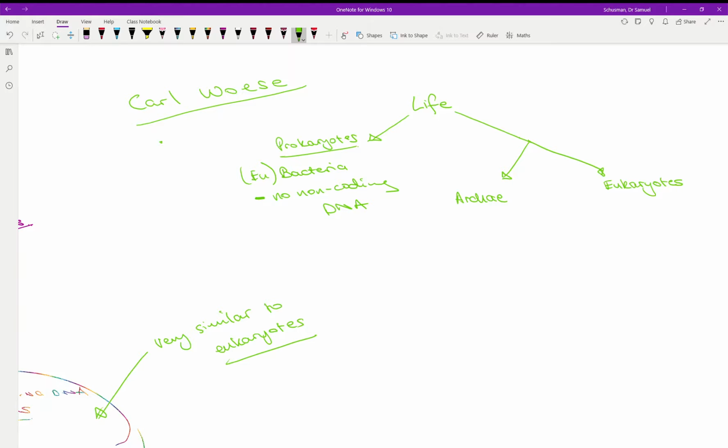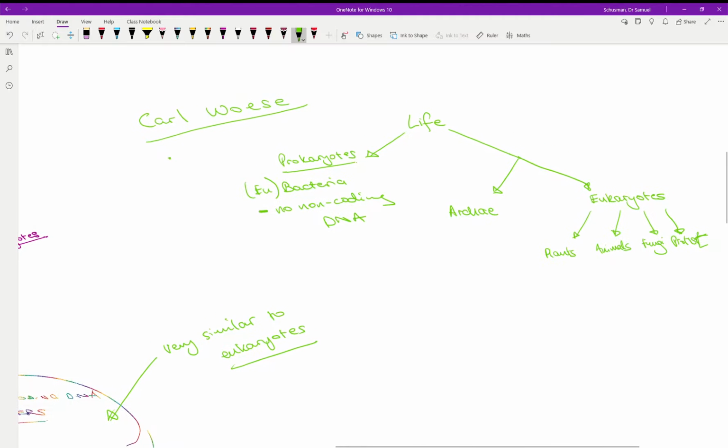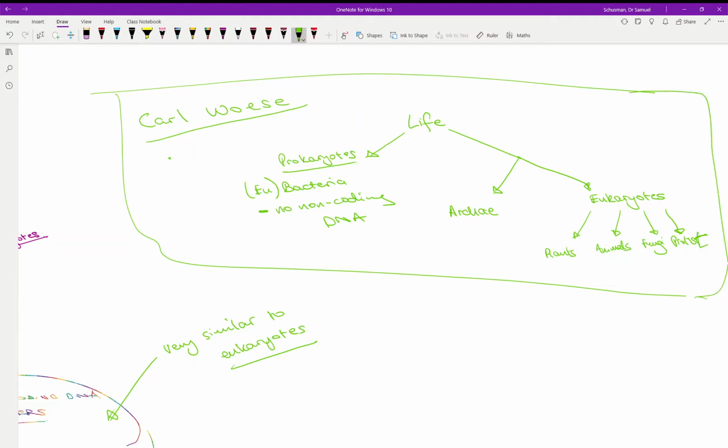And within these eukaryotes, we still have our kingdoms. We still have plants, animals, fungi, and protists. So all that we've really done with this changing of information and different understanding from genetic analysis is we've just rewritten the rules a bit.